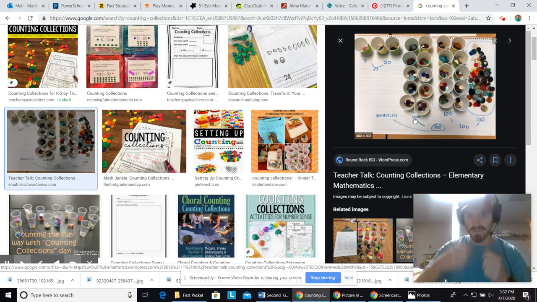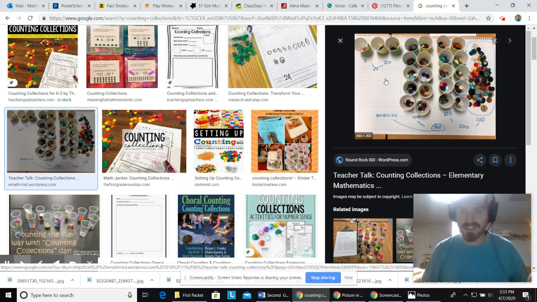Working with those objects, touching them, seeing them, and talking with each other and putting them in groups like this helped them get an idea of what quantities and amounts really are. So they have a nice image in their heads later on that they can use, like this is 100, this is 10.